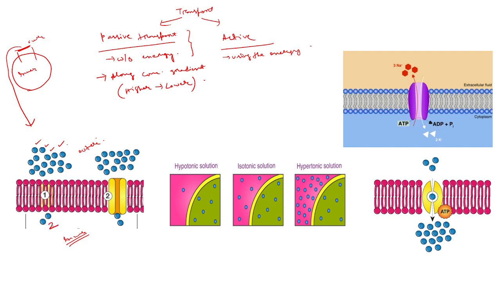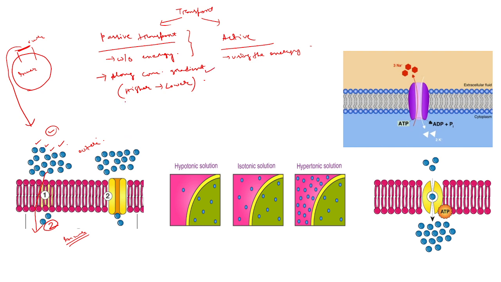Two molecules are present inside, and more than two, 1, 2, 3, 4, 5, 6, are present at the outer side. So this molecule can directly pass from higher concentration to lower concentration, and this is called along the concentration gradient.